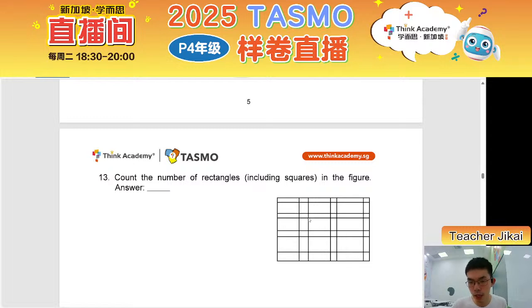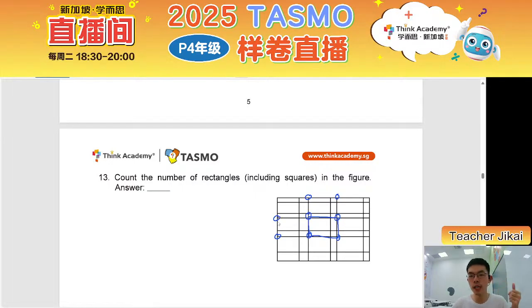First, in order to get the rectangles, do we have some special points to build them? For example, if we have a rectangle like this, what are the four vertices building it? Yes, they are here, here, here, and here. So can we make them into the lengths? For these two points, we put them here and here on the length, and for these two points, here and here for the width.